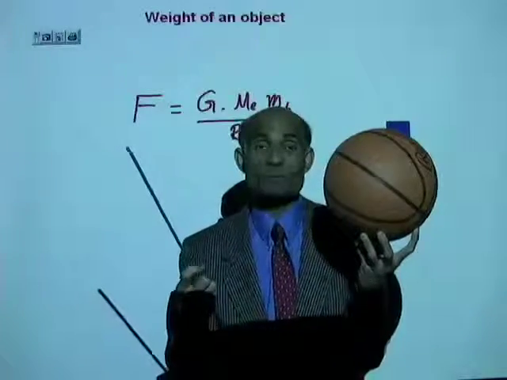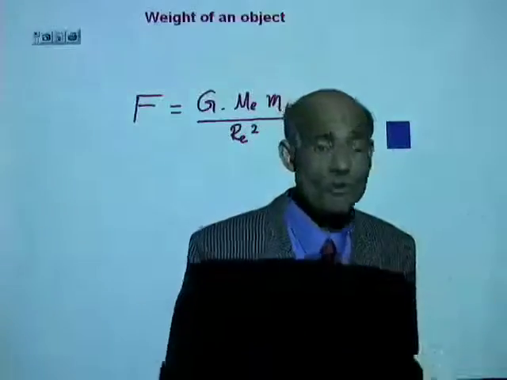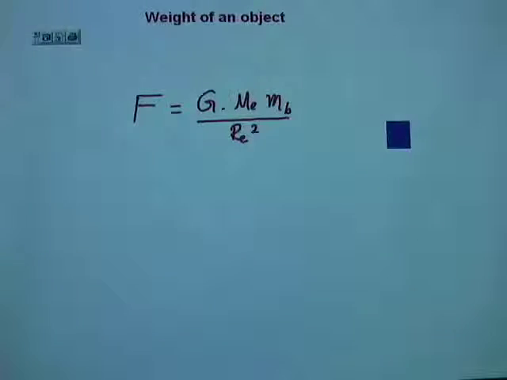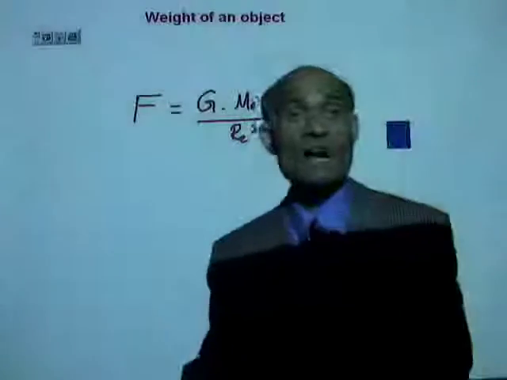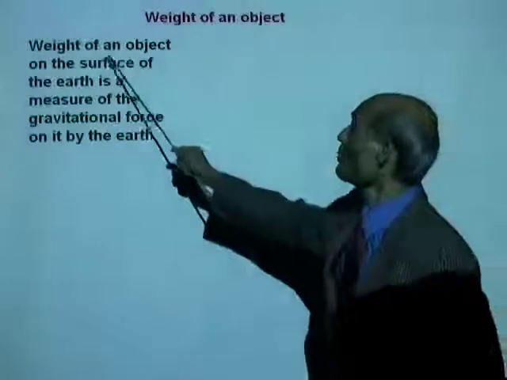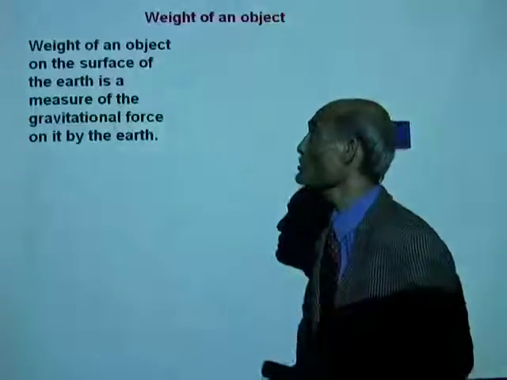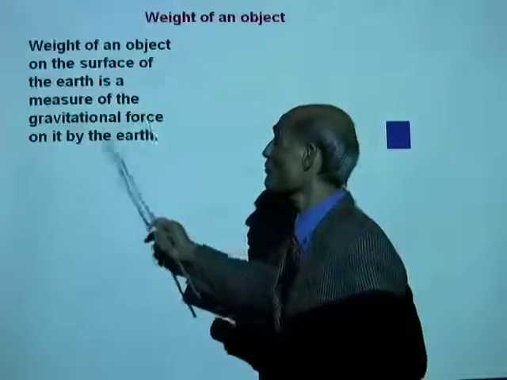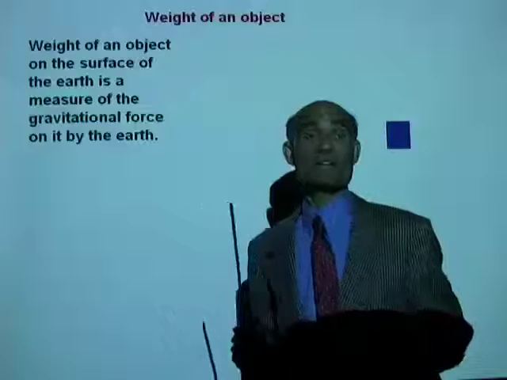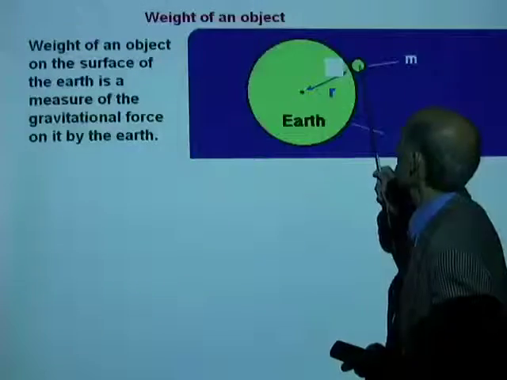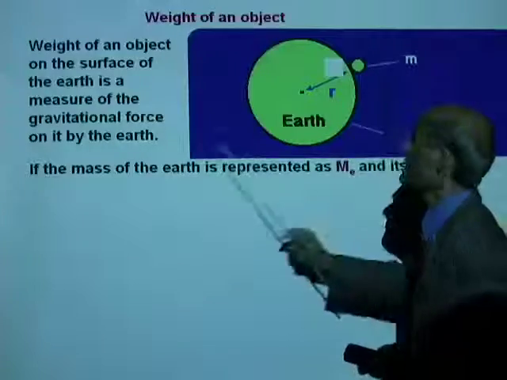So weight of an object is the gravitational force the object experiences due to the pull of the earth. Okay. And therefore, we will now be able to obtain an equation for the weight of an object. Weight of an object on the surface of the earth is a measure of the gravitational force on it by the earth. Now, here I have the earth, and here is an object of mass m.